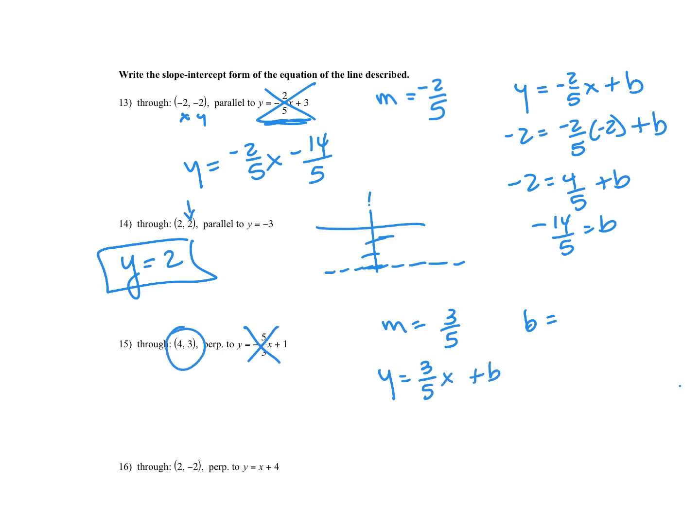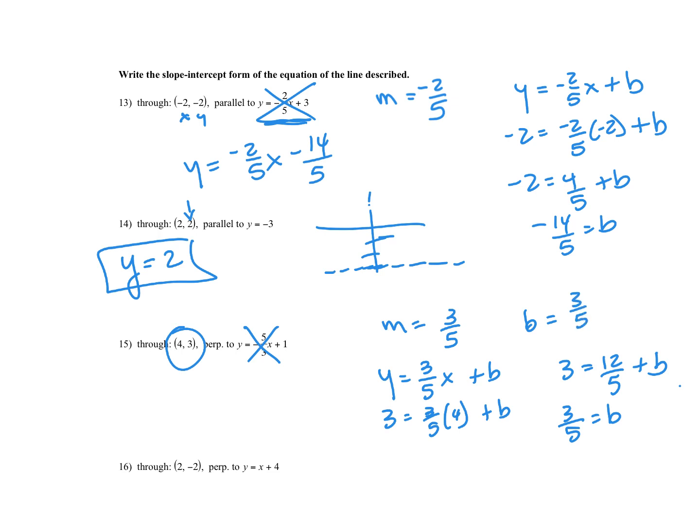And we use this point as an x and a y. 3 equals 3/5 times 4 plus b. 3 equals 12/5 plus b. And 3 minus 12/5 is 3/5 equals b.